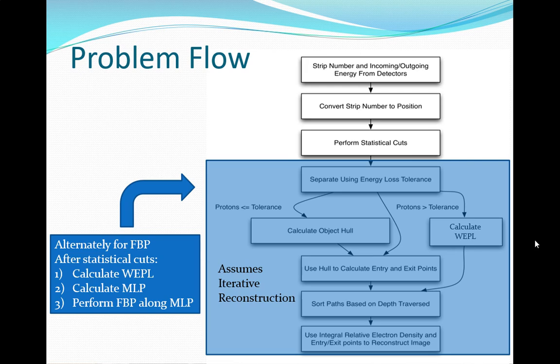We do some statistics to make sure that this is a good proton trajectory. We don't want one that enters down here and exits over here. Because if it's doing some crazy type of pattern like that, then what that tells you is it probably hit a nucleus, and then did some crazy interaction, went off in a ridiculous direction.